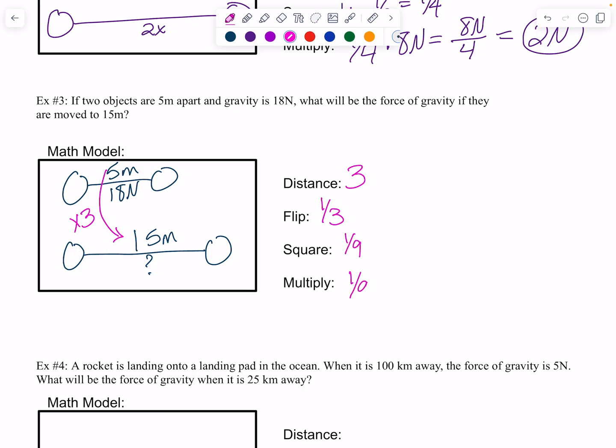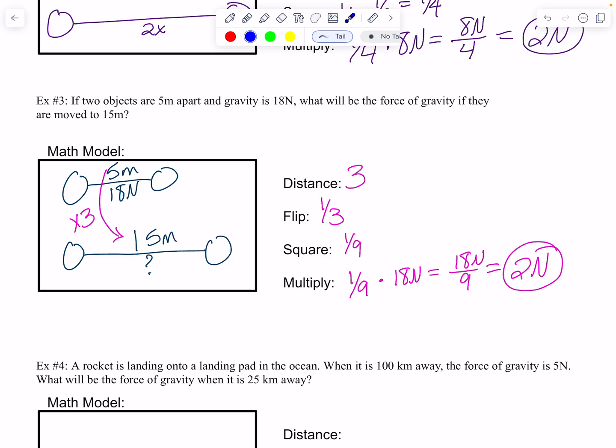I'm going to take 1/9 times the original force of gravity, which is that 18 newtons number. So 1/9 times 18 newtons is the same as saying 18 newtons divided by 9, which equals 2 newtons. It was friendly. I could do 18 divided by 9 pretty easy in my head or punch it into a calculator.